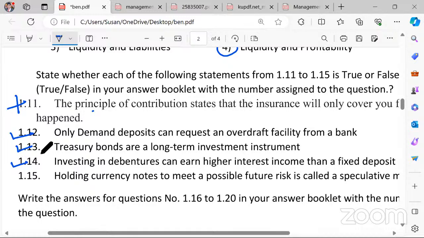First is transaction motive. We can hold some currency notes for day-to-day transactions. We need money. And precautionary motive, that is for future risk. Then speculative motive is not that. Speculative motive is we need money for investments to improve our businesses, right? Then this is wrong.